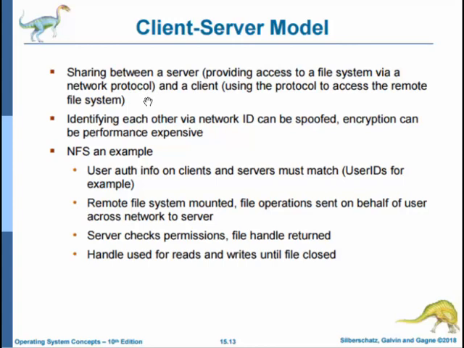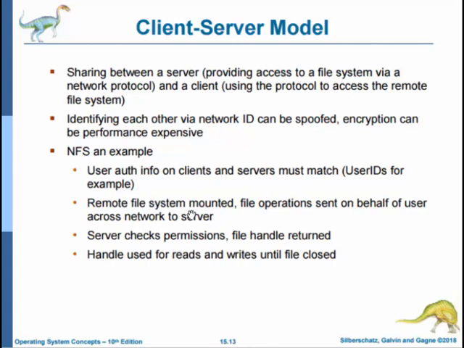Generally, the server declares that a resource is available to clients and specifies exactly which resource, in this case which files, and exactly which clients. So a server can serve multiple clients, and a client can use multiple servers, depending on the implementation details of a given client-server facility. An example of this is NFS, or the Network File System.